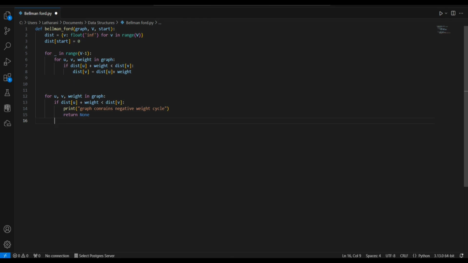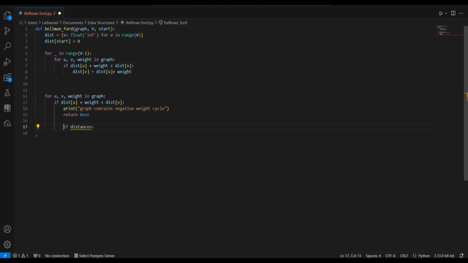If distances, print the shortest distance from start node.